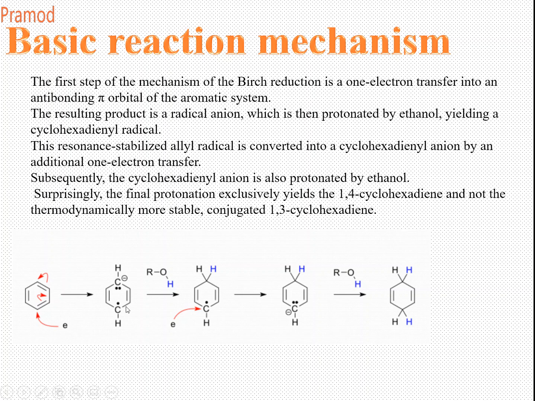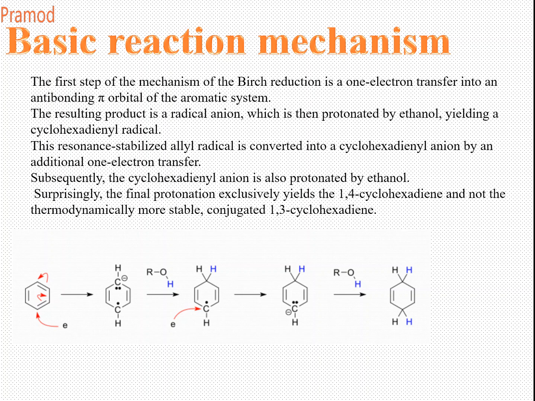Because at the 1st carbon you can see one electron, and at the 4th carbon you can see the pair of electrons. That's why it is called a radical anion, which is protonated by ethanol, yielding a cyclohexadienyl radical. So when this gets protonated by alcohol, you get a radical.